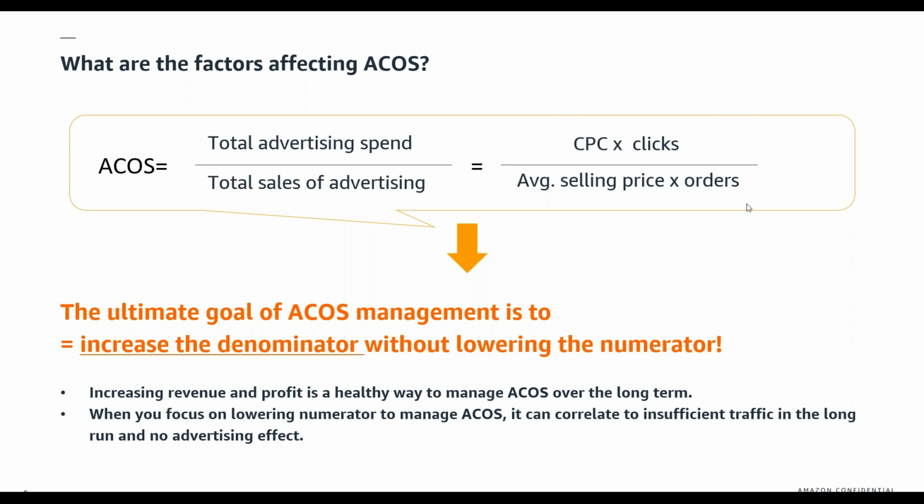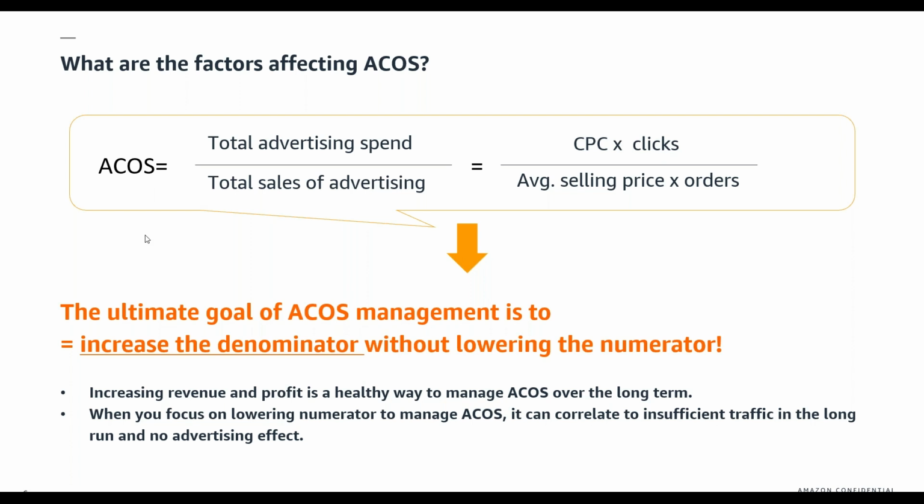Of course, in terms of lowering CPC or the amount of irrelevant clicks, there is also keyword optimization, optimizing for keywords that are not working for you. We'll take on 4 next steps in the subsequent slides, and you will see how we can optimize our ACOS.